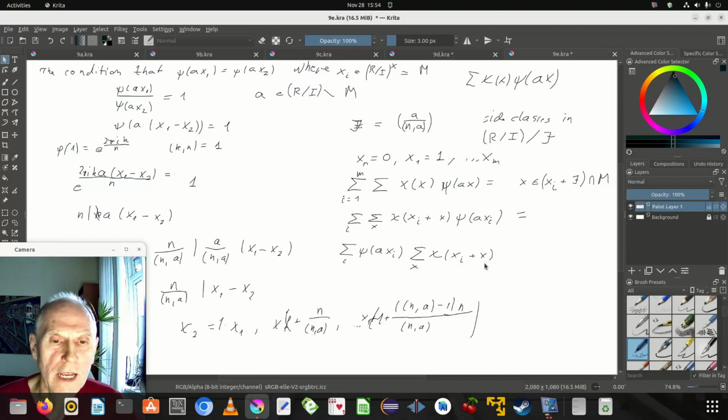So can we put x_i outside? We can put x_i outside because that has an inverse.